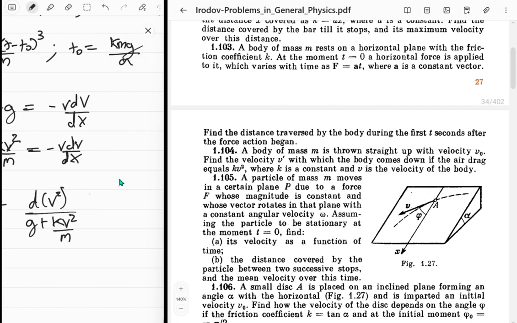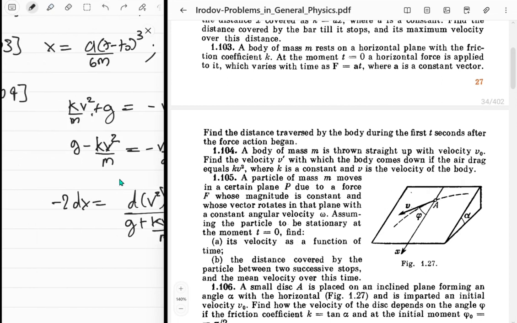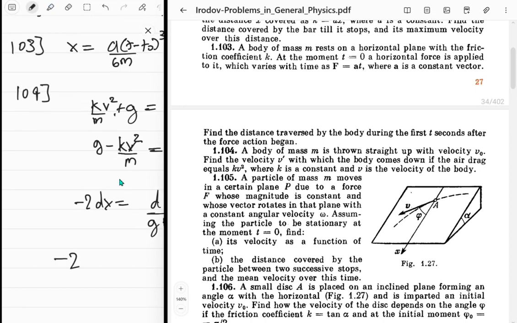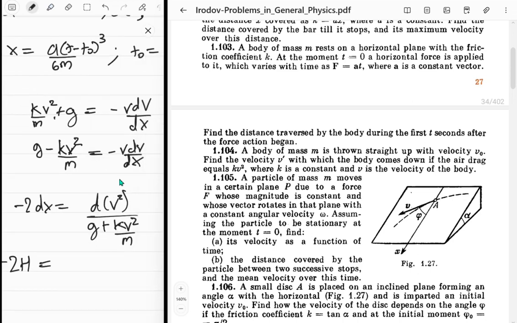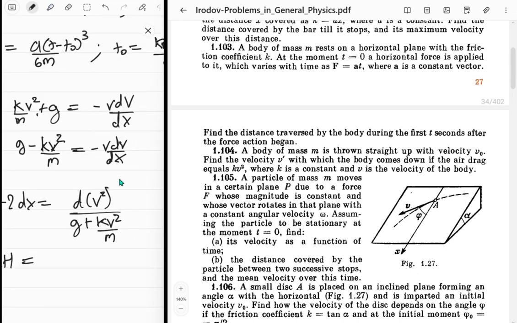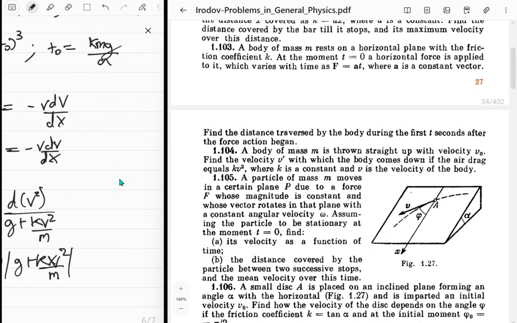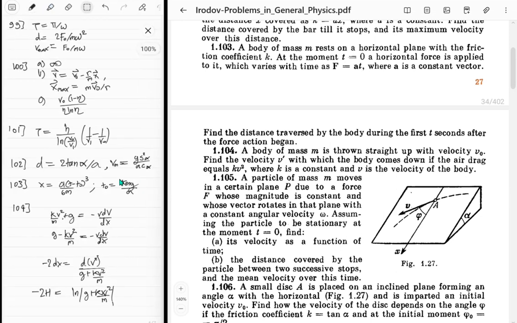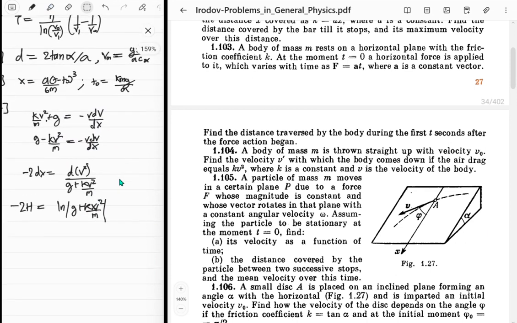So integration of this thing will just be natural log and all that stuff. From here you can say negative 2, as x goes from 0 to h, is equal to the natural log of g plus kv squared upon m, where v goes from v naught initially to finally zero.